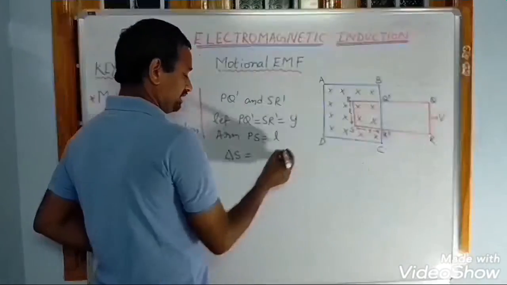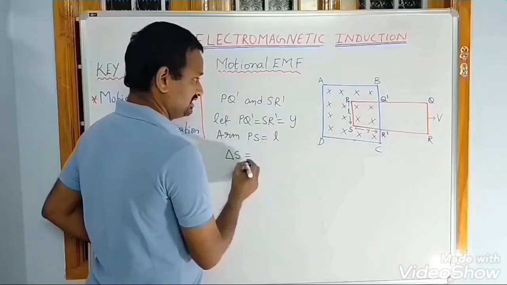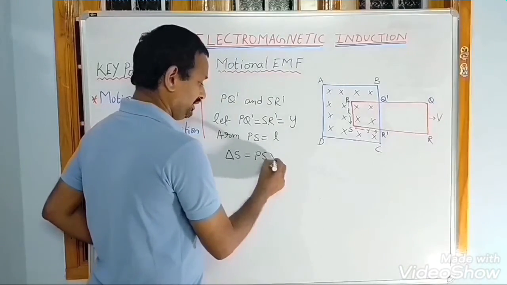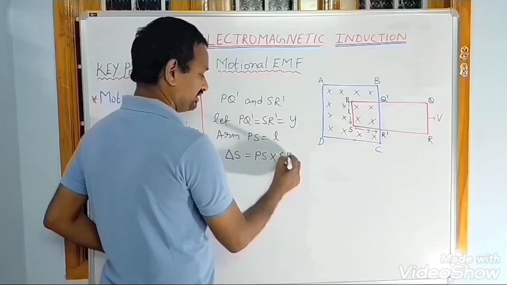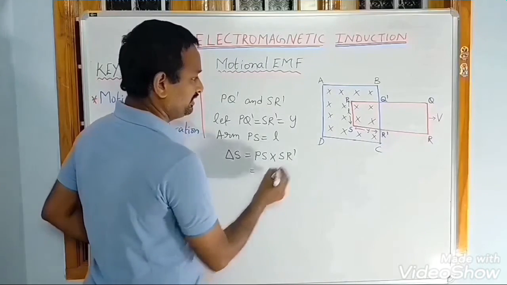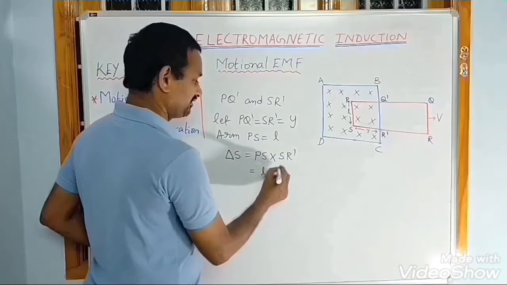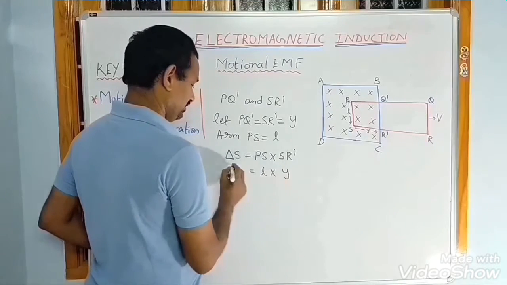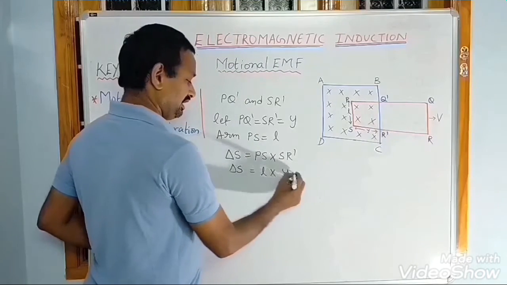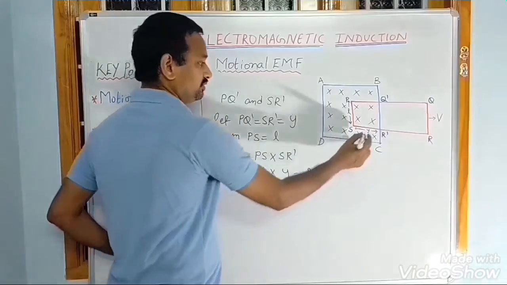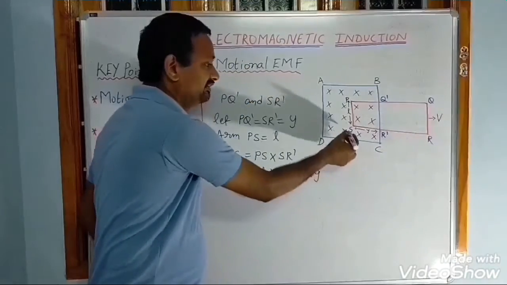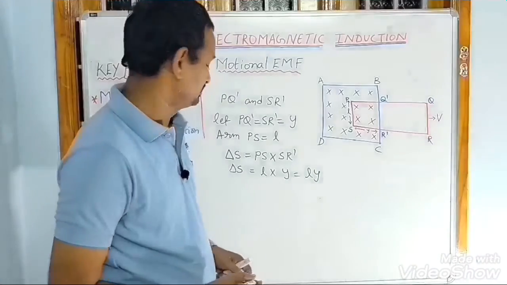Here del S equals PS into SR dash. PS means L, SR dash means Y. So we got the area of the loop which is linked with magnetic flux.